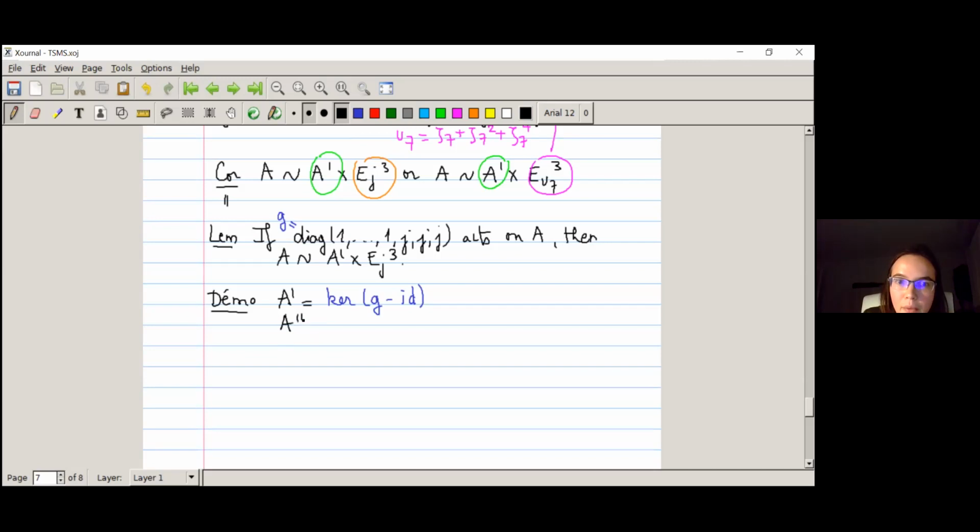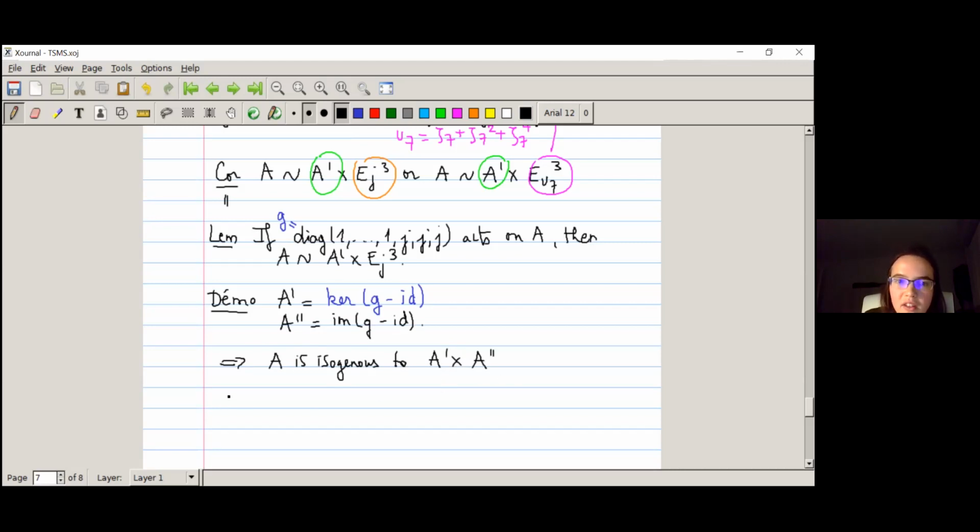And A prime prime will be the image of J minus identity. And now you have something like the rank theorem for vector spaces, but for abelian varieties, that tells you that A is isogenous to A prime times A prime prime.